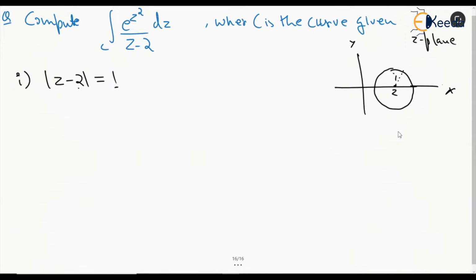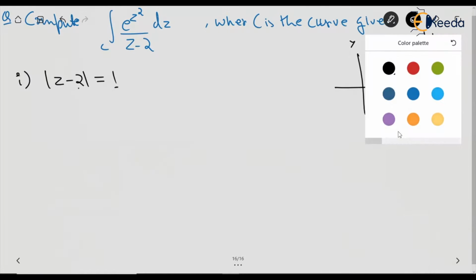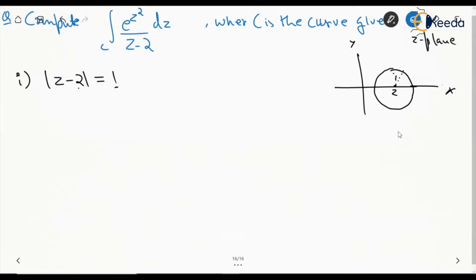Now, let's observe something, and it is this function e to the power z square. Let's say this is f of z equal to e to the power of z square. This is a function which is analytic at every point.